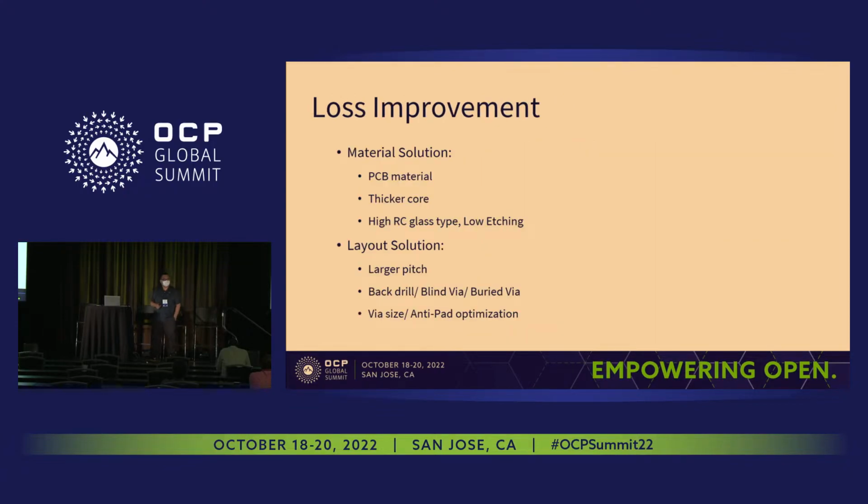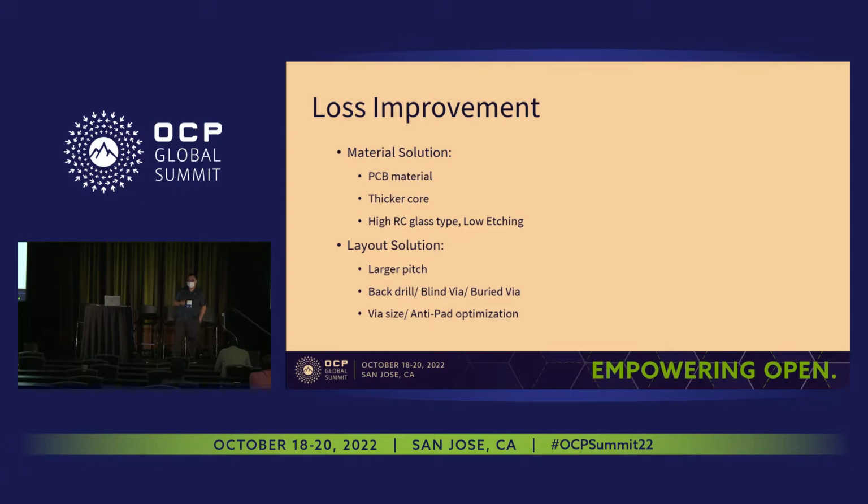On this page, I want to share our experience in two ways: the material solution and the layout solution to achieve that 40 dB and make sure the loss challenge can be solved. The first one is the material solution. Of course, you know the PCB material means a lot to the loss budget.